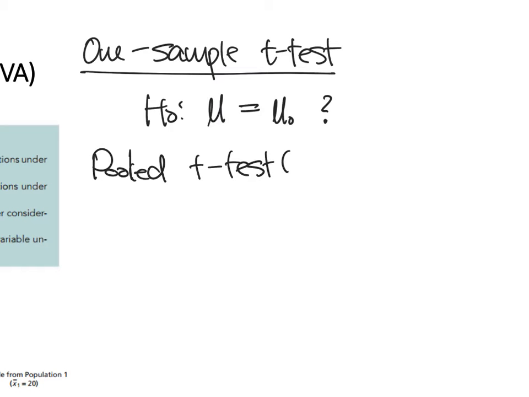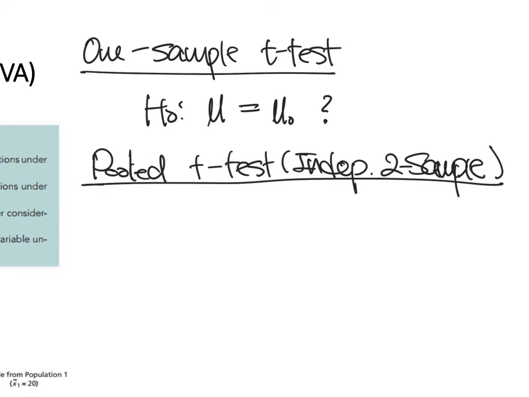it is one of the independent two-sample t-test. We had two unknown population means. So it is mu1 and mu2.